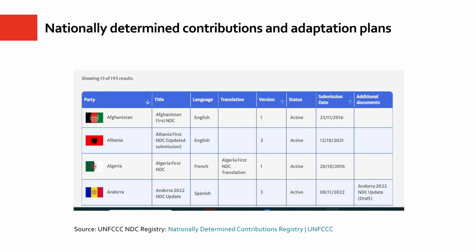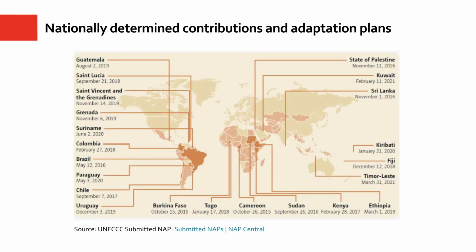A second process, which focuses fully on climate change adaptation, is the formulation of a national adaptation plan. This is a country-driven process where countries identify medium and long-term adaptation needs and develop strategies and programs to address those needs. The progress of these formulations and all documents can be found again on the UNFCCC website.